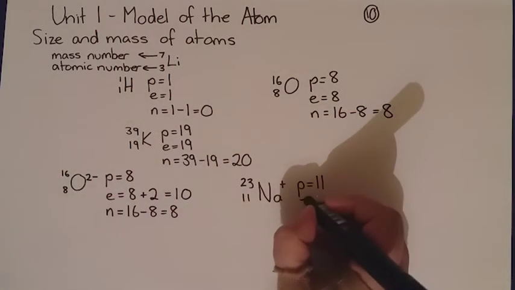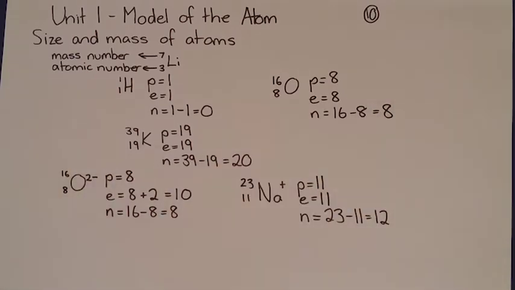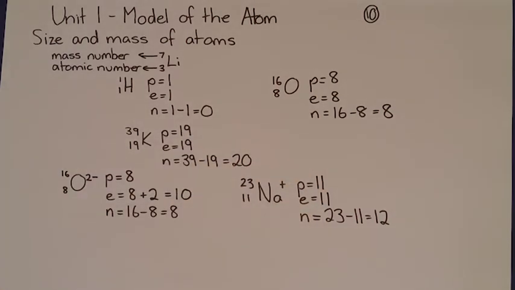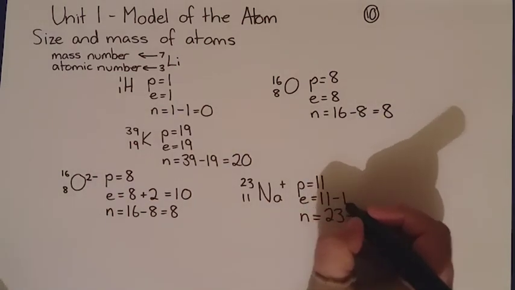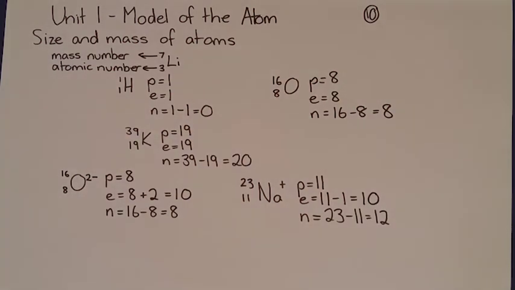In order to work out the electrons, we start off with the number that the atom would have. Because it's got a single unbalanced positive charge, that tells you that it's got 1 less electron than it should have. So therefore, the number of electrons in a sodium ion is 10.